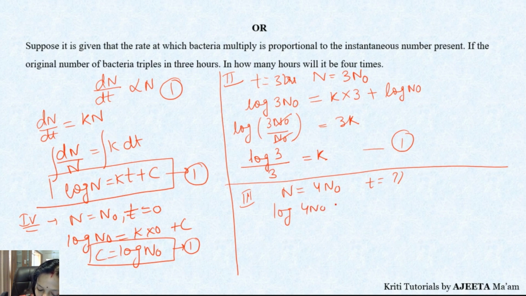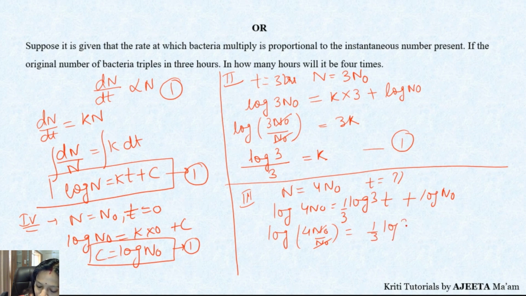So log 4N0 equals k, which is log 3 by 3, times t, which you have to find, plus log N0. This is a plus sign. Okay, now let's bring log N0 to this side. So log 4N0 by N0 equals 1 upon 3 log 3 into t.